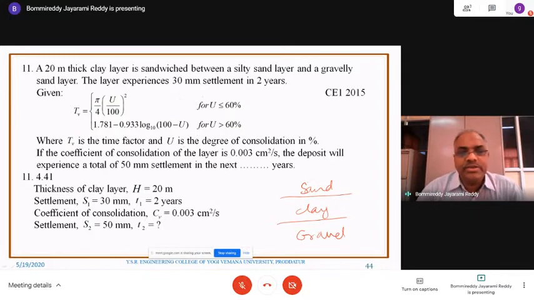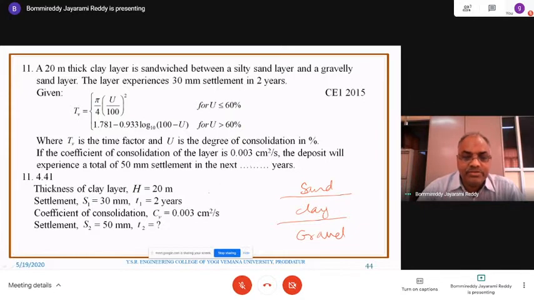The layer experiences 30 mm settlement in 2 years. So H equal to 20 meters, t equal to 2 years, and the other parameters, Tv in the equation, are given, where Tv is the time factor and U is the degree of consolidation. If the coefficient of consolidation of the layer is 0.003 square centimeter per second, the deposit will experience total 50 mm settlement in how many years?